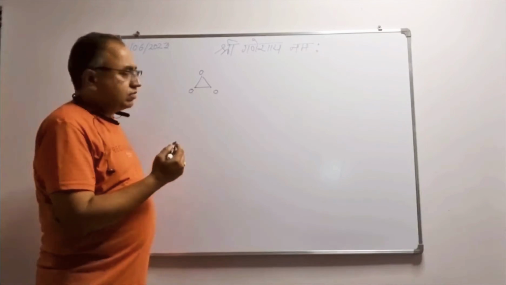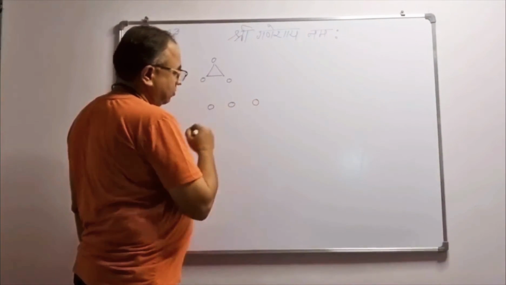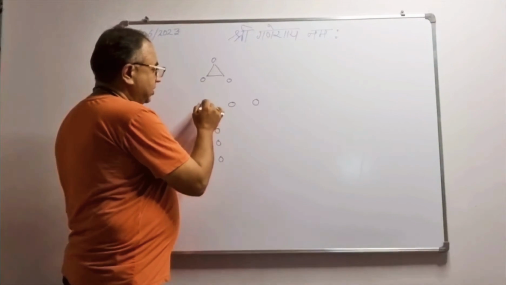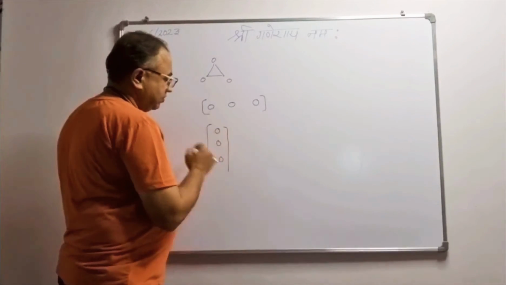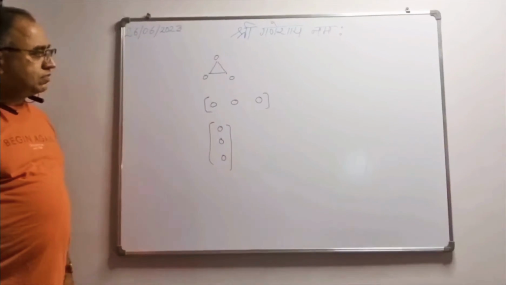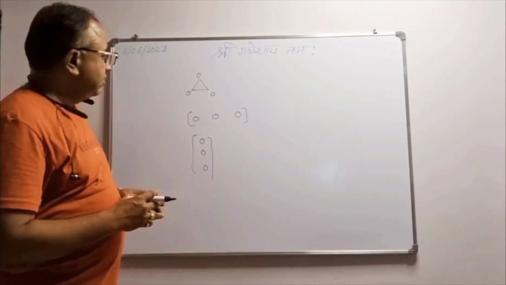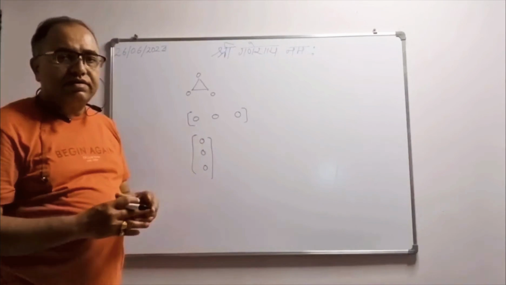How can we do? Either they can be in one horizontal row, or all can be written like this. So it's a rectangle. It's also a rectangle. So when you can arrange something in the form of rows and columns, we call it a matrix.